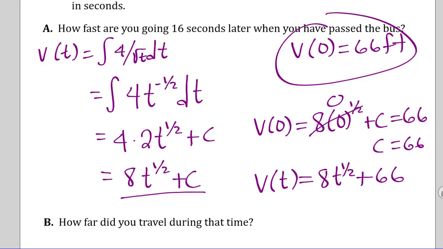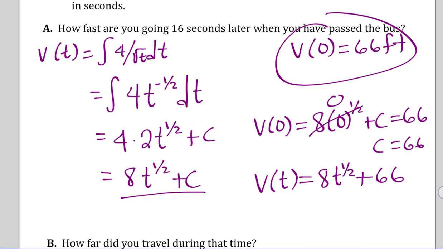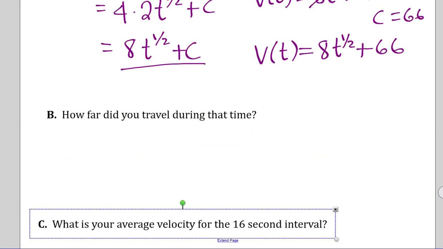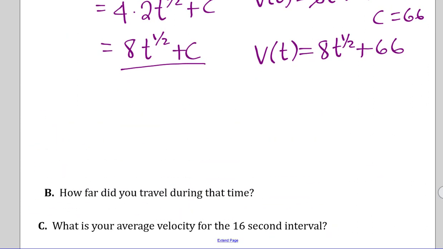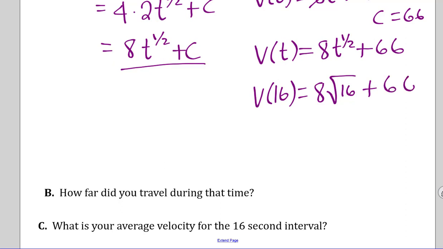So we can say v of 16 is equal to 8 times the square root of 16, right? T to the 1/2 is the square root, plus 66, or 8 times 4 plus 66. And so we get 98 feet per second.